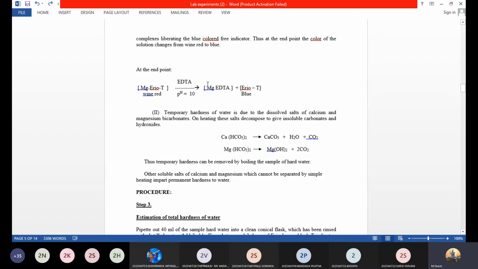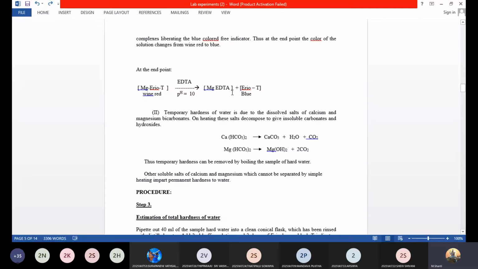Now here you can see there is a complex between metal and EDTA, and this is found to be more stable. As you know, EDTA is a 6 donor atom ligand. Okay, it is a chelating ligand. So this magnesium EDTA complex is highly stable compared to your magnesium EBT complex.